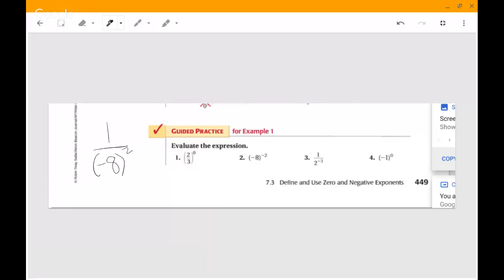All you're doing is flipping it. That's all that negative means. And once you flip it, you take the negative off, because it's always the reciprocal. Then you can solve this one because it's just a square. So your final answer is 1 over 64 for this one.